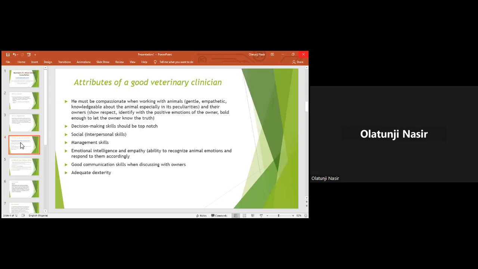Oh, the mucous membrane is injected. You will be telling the owner what you are seeing and the implication of what you are seeing, so that by the time you are making the decision, it is top-notch. Whether conclusive or temporary decisions, it must be something that you have to learn.